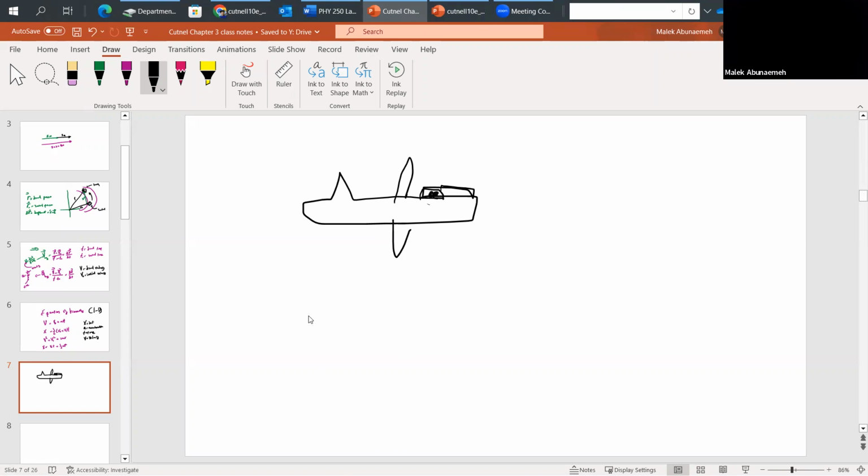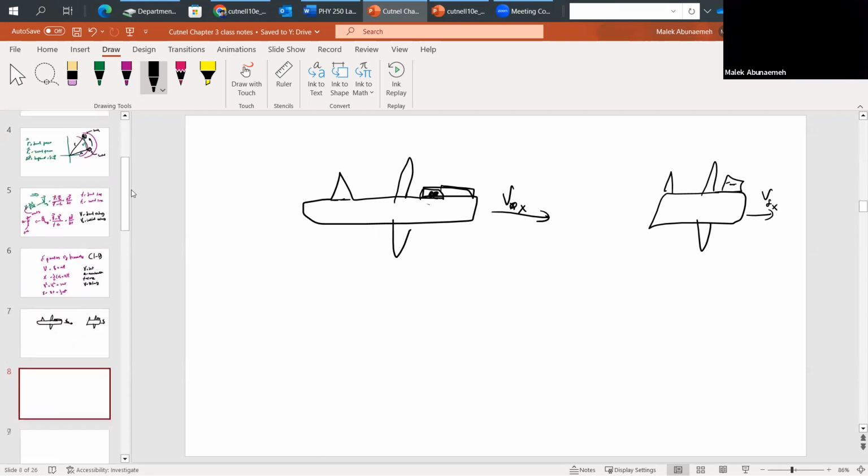The spacecraft is actually moving in the x direction. Let's say this is v naught in the x direction, that's going to end up being right over here. Get our little plane again, going in at v final in the x direction.